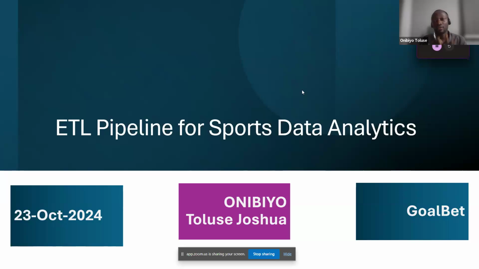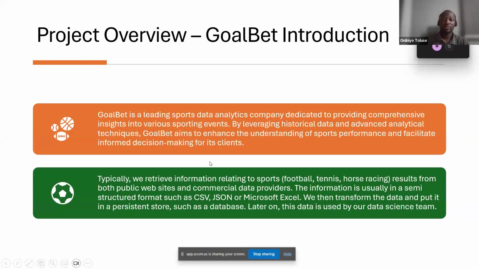The idea is to go to these websites. The objective is to get comprehensive insights into their various sporting events, in this case football, and they would leverage historical data. For historical data, they're looking at getting data, not the current season.